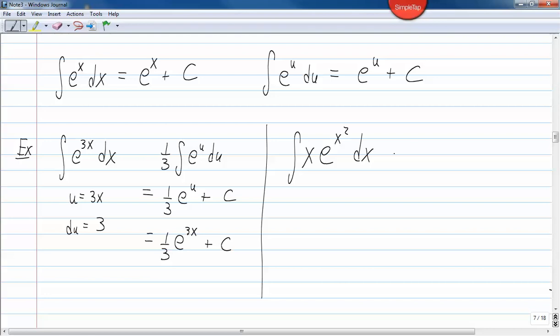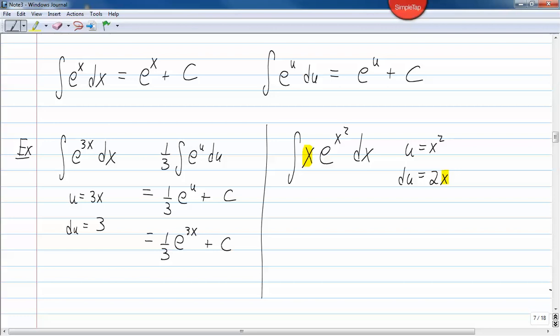So for this one, if I let u equal x squared, then that makes du, the derivative of u, equal to what? 2x. Notice that there is an x to the first here, and there is an x to the first in front of it. That's good. That's what you have to have in order to integrate this. If this x was not in front of it, if it was just the integral of e to the x squared, I have no idea how to do that integral. E to the x squared, not a clue.